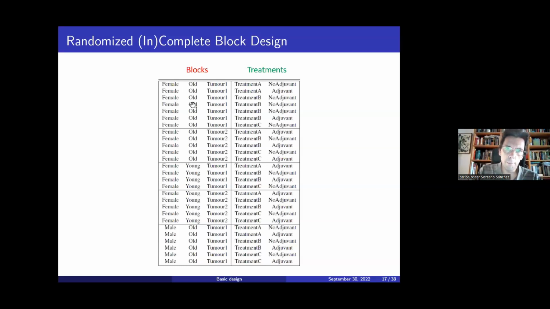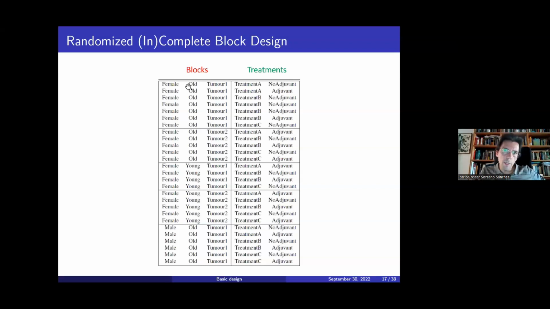So you have blocks, and for instance, here it was an experiment with 2 kinds of tumors. We have old females with tumor 1, old females with tumor 2, young females with tumor 1, and so on. I'm cutting the design, but we have males and females, and the design is longer.